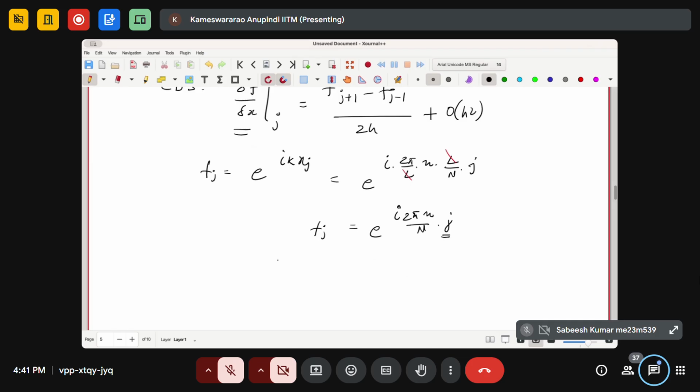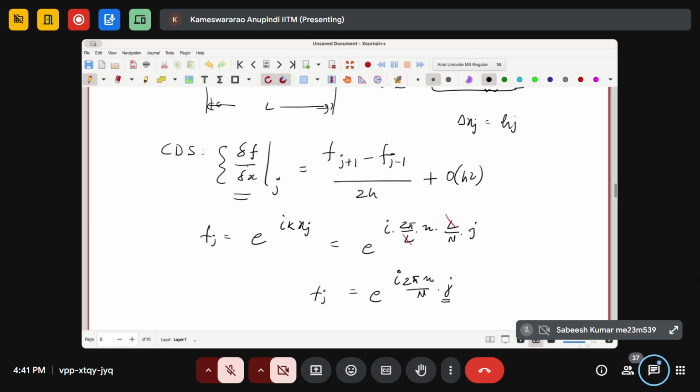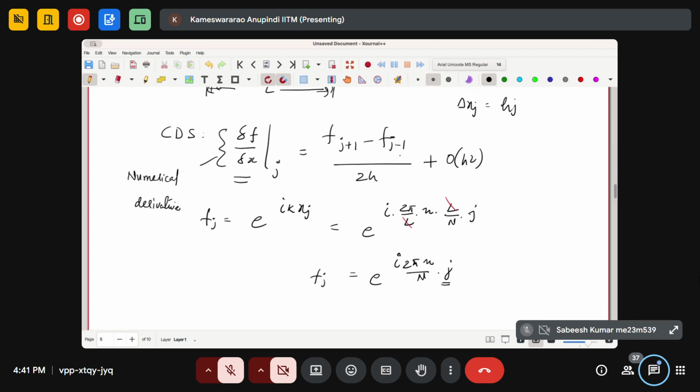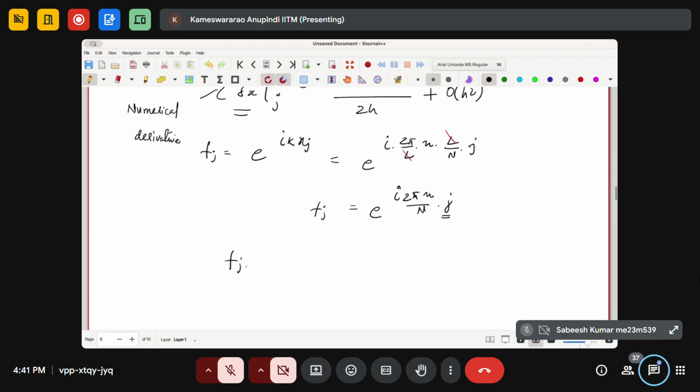Fine. Now I have represented this delta f by delta x to denote the numerical derivative, which is f j plus 1 minus f j minus 1 by 2h. Now, what would be f j plus 1? It is e to the power i 2 pi n divided by capital N times j plus 1.